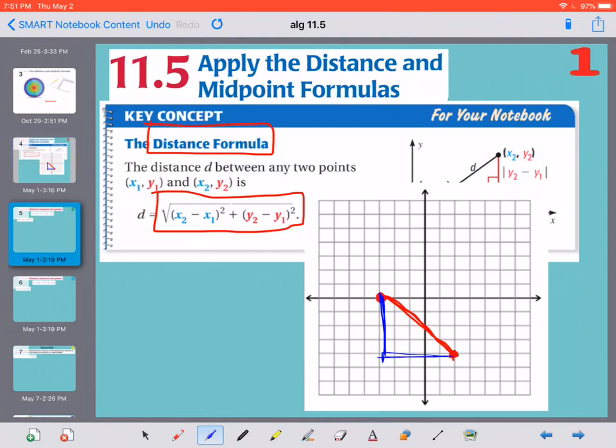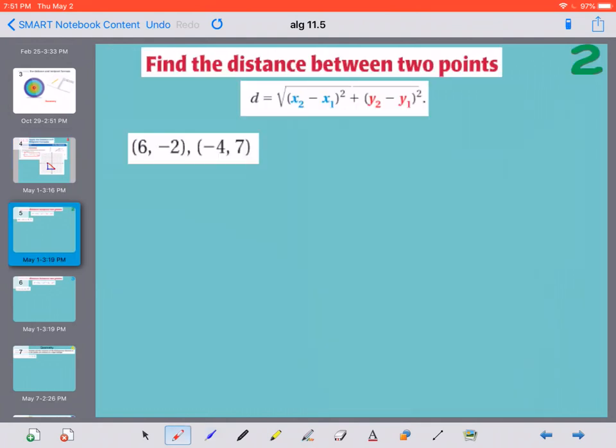So let's try this. Find the distance between two points. I have an x, a y, an x, and a y. The first x is x1, the second x is x2, the first y is y1, and the second y is y2.